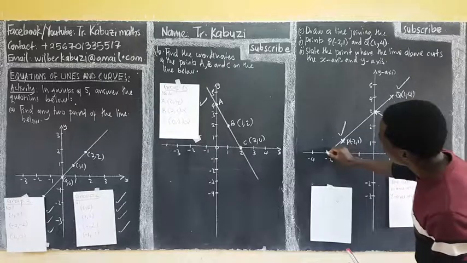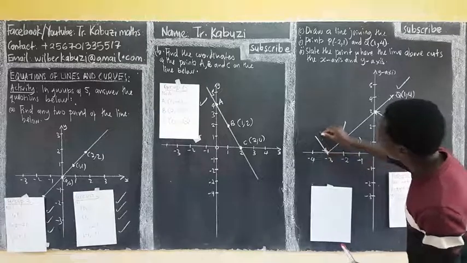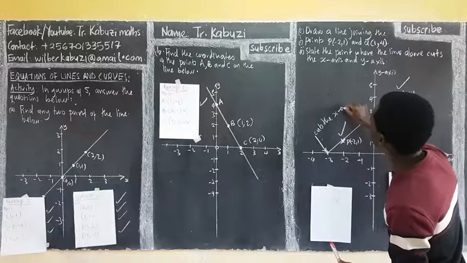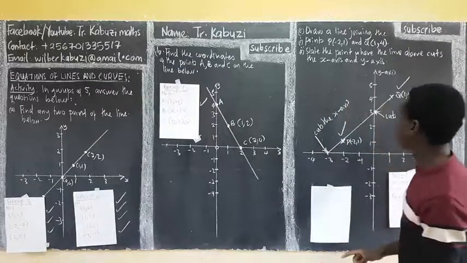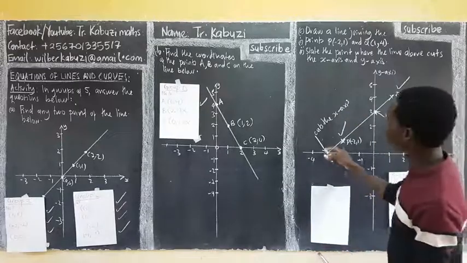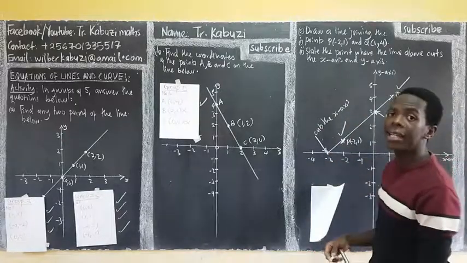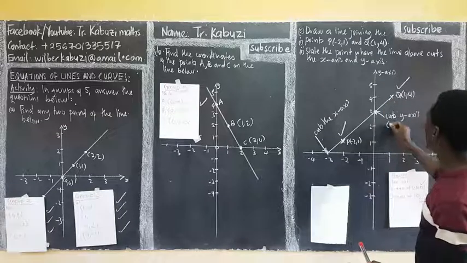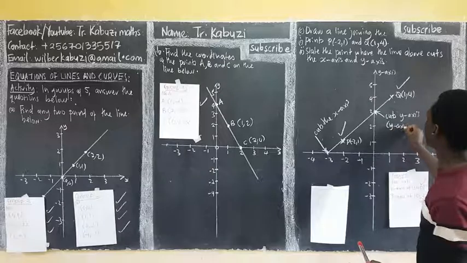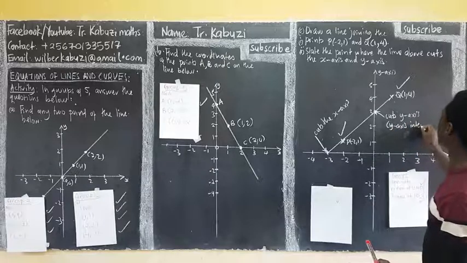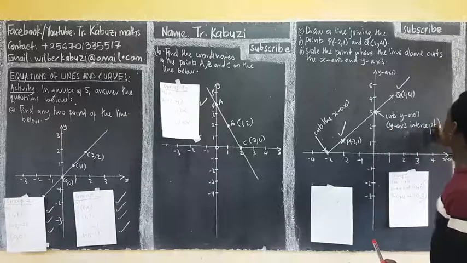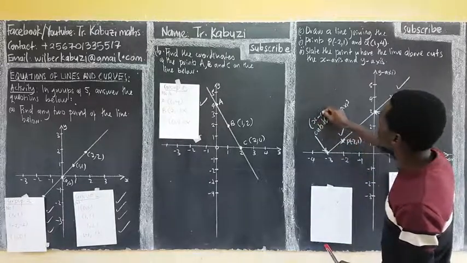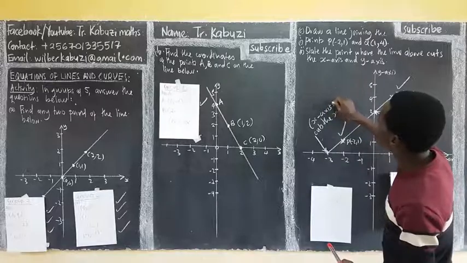Then here, you see it cuts the x-axis. We call this the x-axis intercept, and this one can sometimes be called the y-axis intercept.